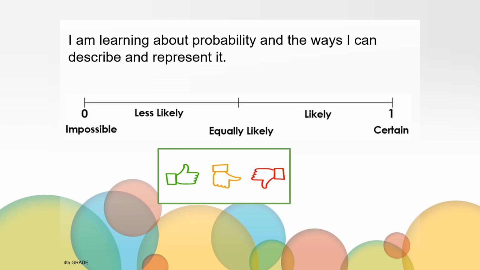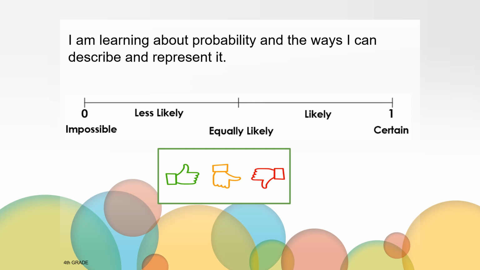On today's episode of Math Matters, we learned about probability and the ways you can describe and represent it. Today, we used a number line and words to describe the chances of events or outcomes occurring. Think about how you feel about your ability to do this.